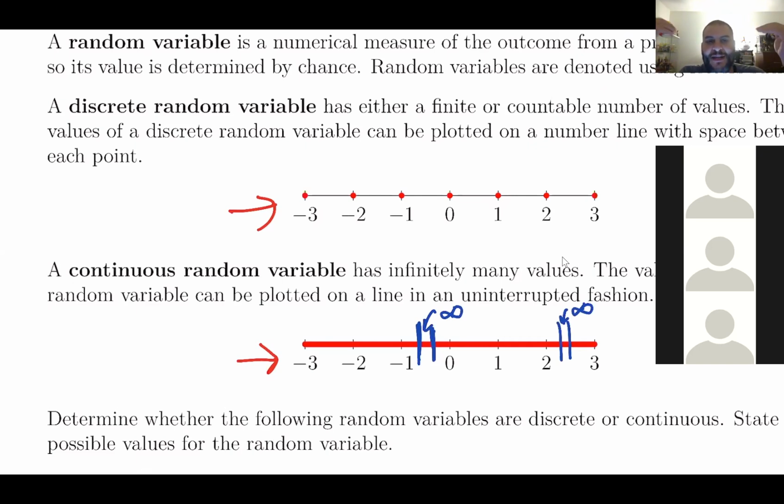So anytime you're looking at a discrete data set, think: is it possible that it's in between 1 and 2? If the answer is no, it can't be between 1 and 2, it's discrete. But if it could be between 1 and 2, that's considered continuous.